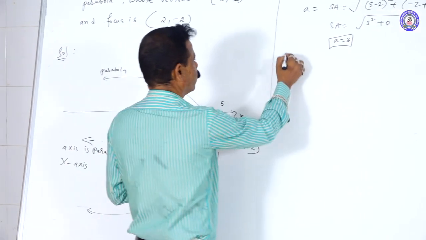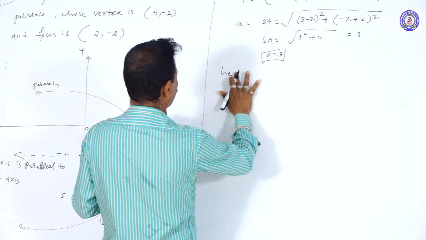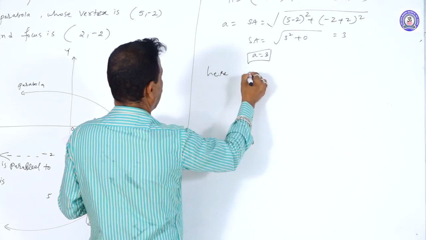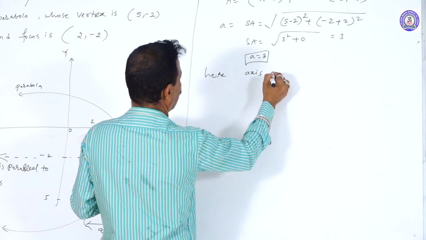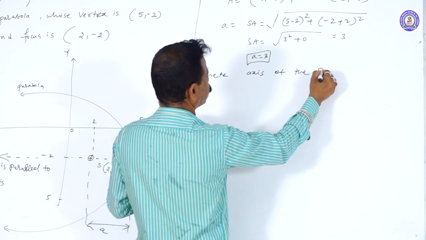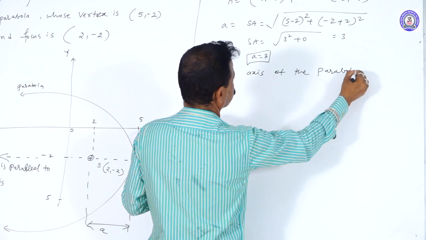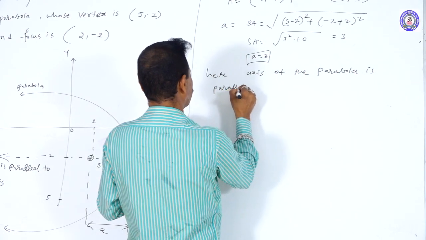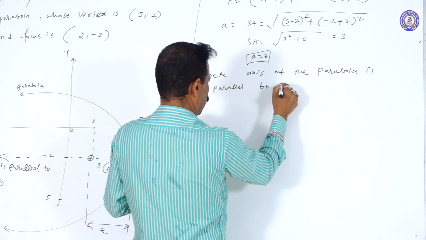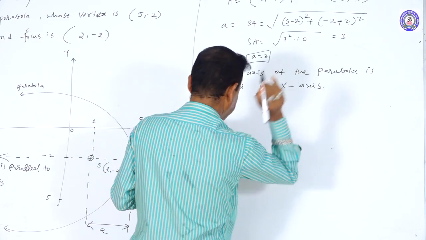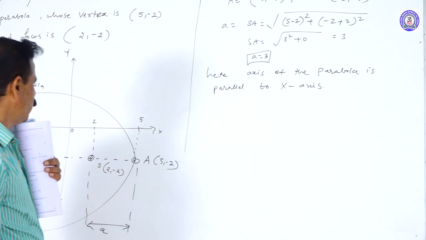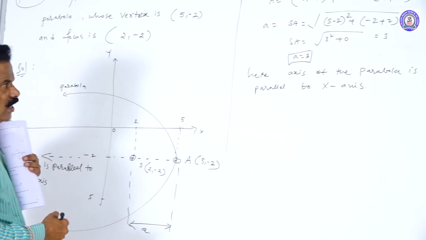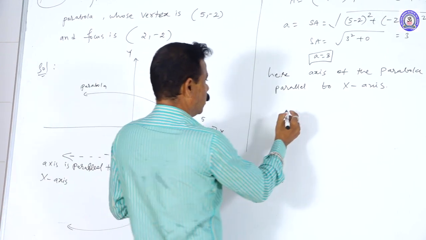So here the axis of the parabola is parallel to the x axis. The curve is on the left side, so the sign is negative.